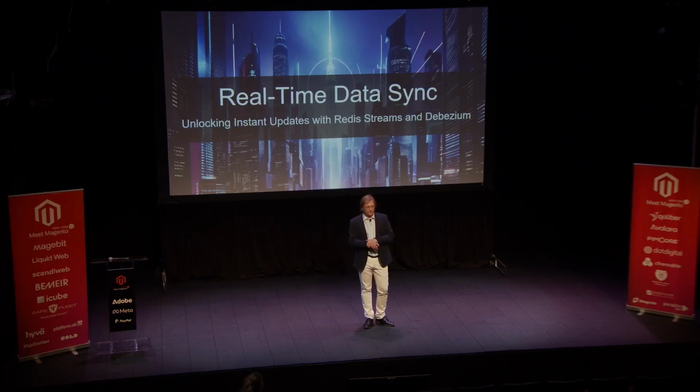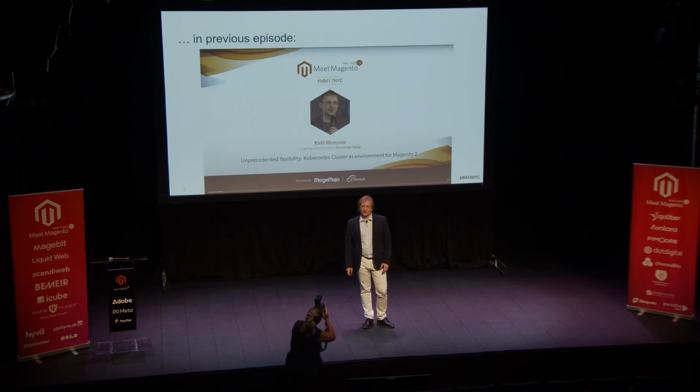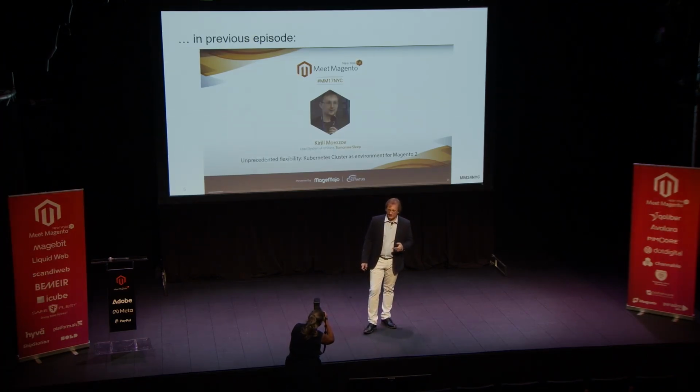So I'm Kirill Morozov, and I've been around the block for a while, and we're going to talk about scale. In the previous series with pushing Kubernetes out, I've been out to deliver great performance and scalability for Magento for a while.